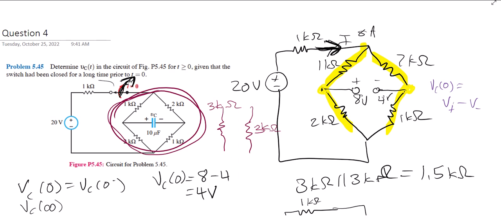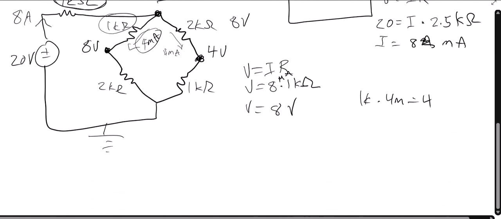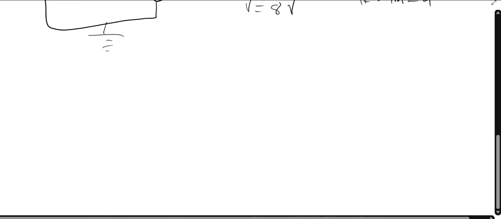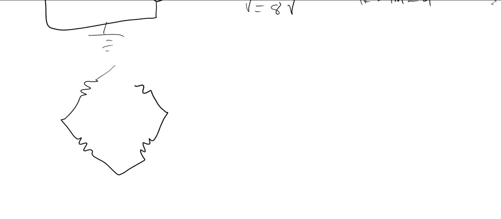So when that switch opens, the whole rest of this circuit is not relevant. So at infinity, we just have this part left. So by infinity, our capacitor has completely discharged, and VC at infinity is 0.